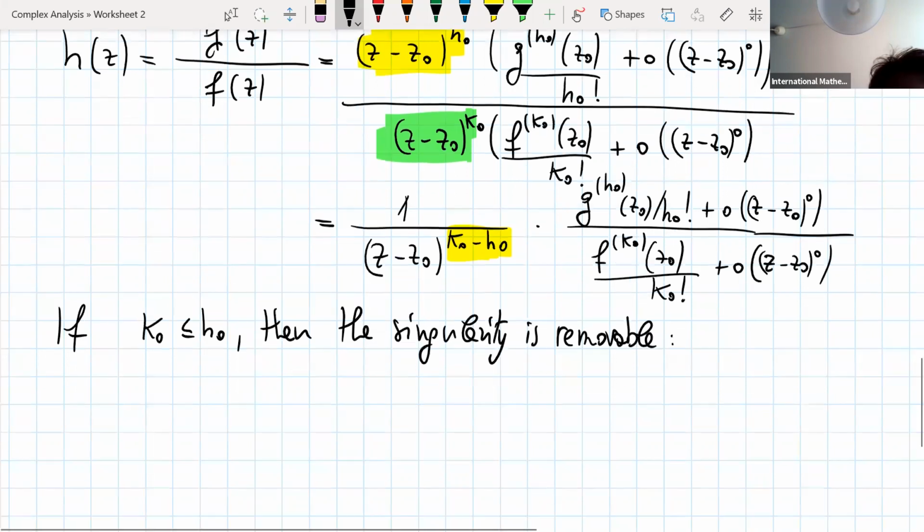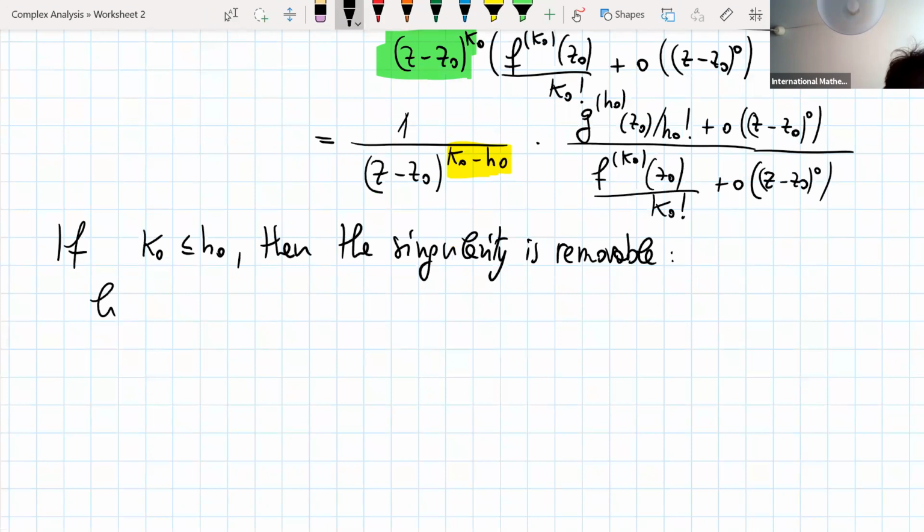Because now you can take the limit as z goes to z0 of h of z. And now this will be z minus z0 to the, so we have here maybe two cases, or let's do it maybe better like this.